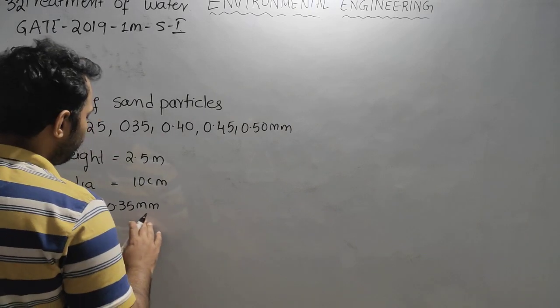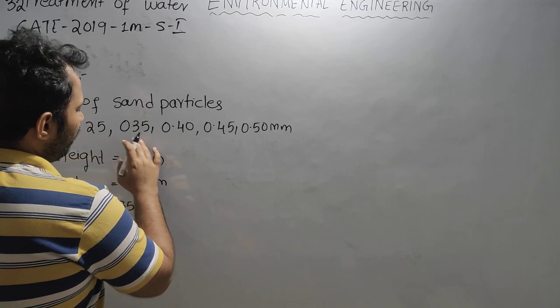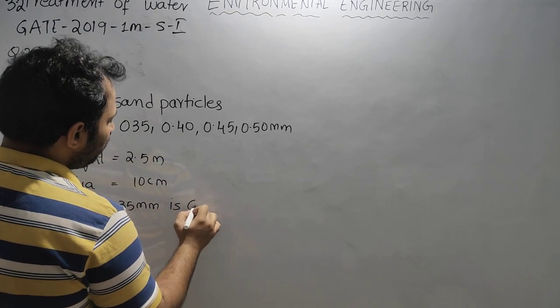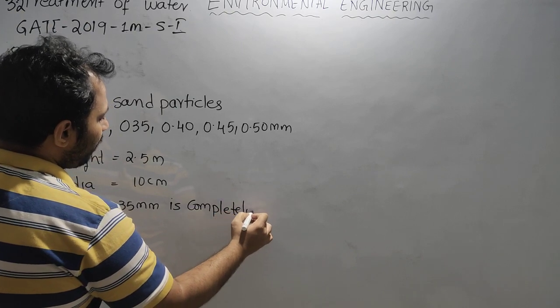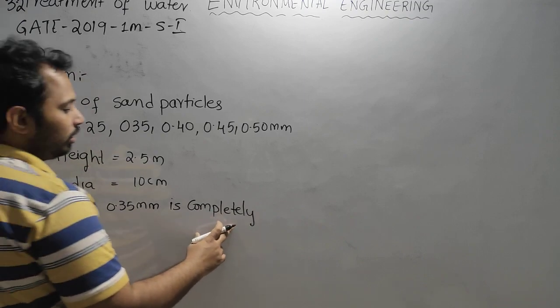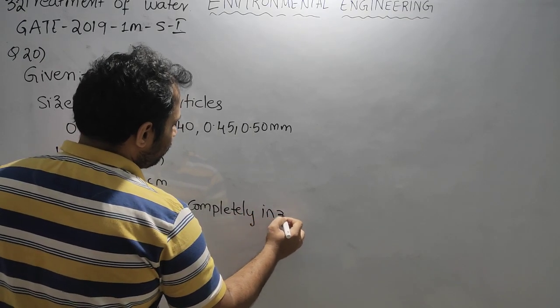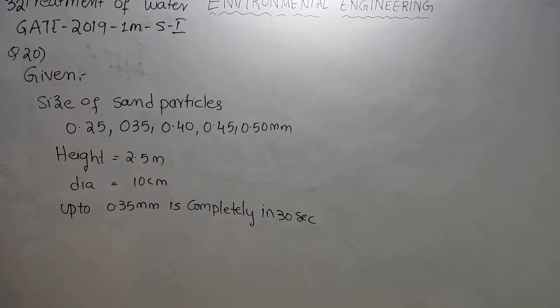If a 0.35 mm diameter particle is completely settling in 30 seconds, then for the same period of 30 seconds, what is the percentage removal of 0.45 and 0.50?